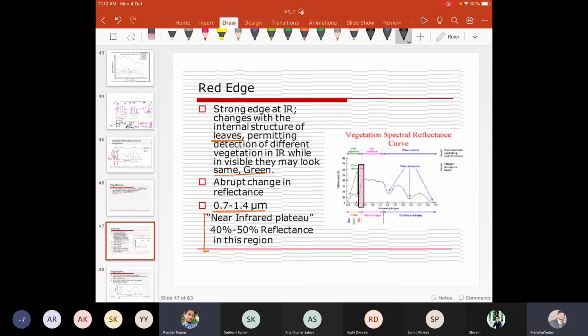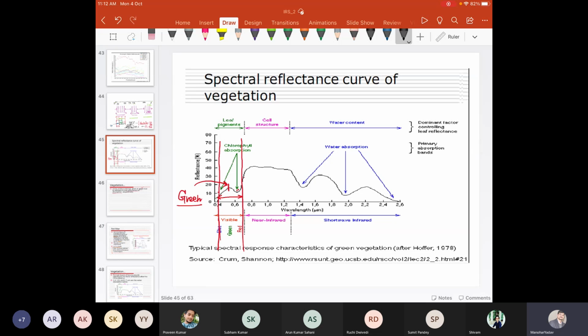Okay, so in previous lectures, we discussed spectral signature, and we started with the spectral signature of vegetation. If you see this reflectance versus wavelength curve for vegetation, different parts of the vegetation, like the leaf pigments, cell structure, and water content, govern the leaf reflectance.